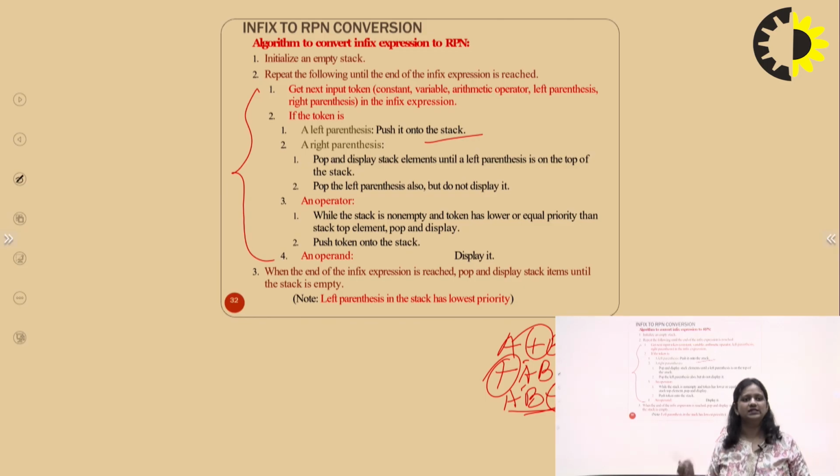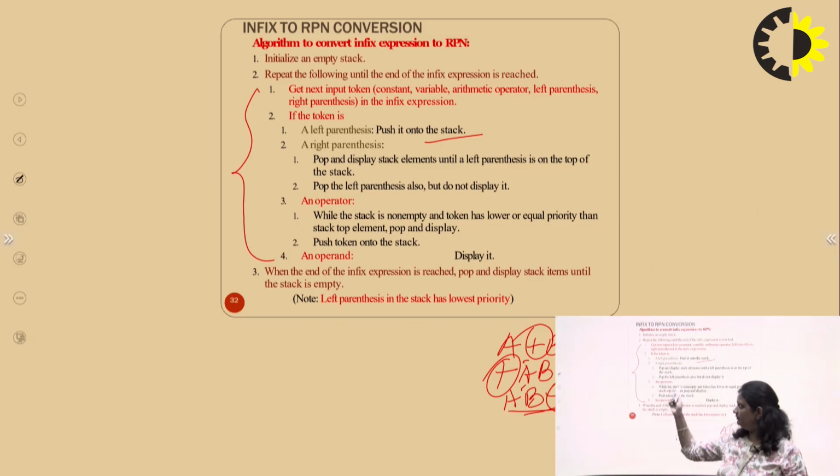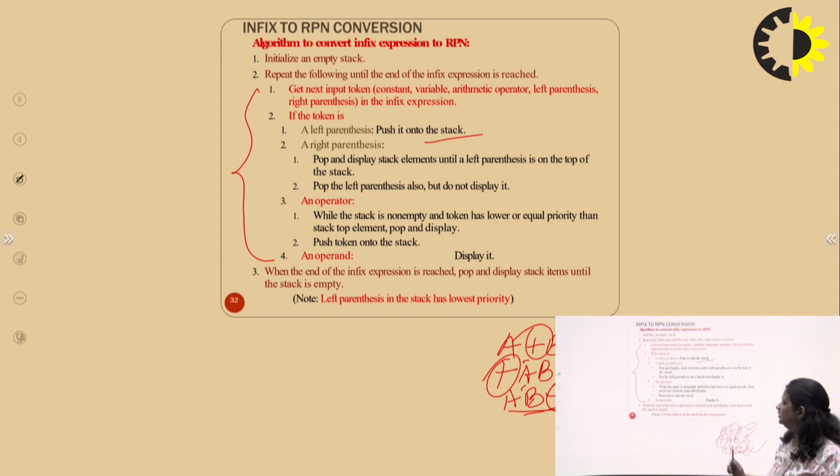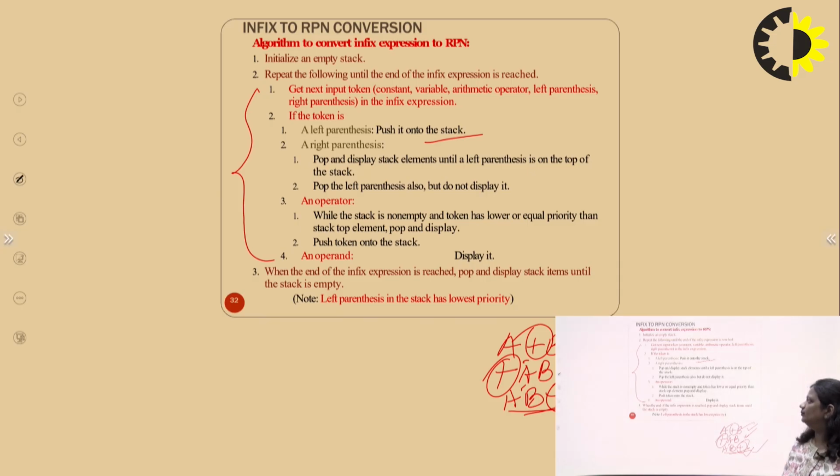Display only the stack elements. The left parenthesis will not be displayed. Now, if an operator is encountered, while the stack is non-empty and the token has a lower or equal priority than the stack top element, pop and display.